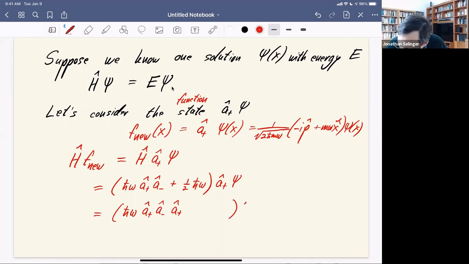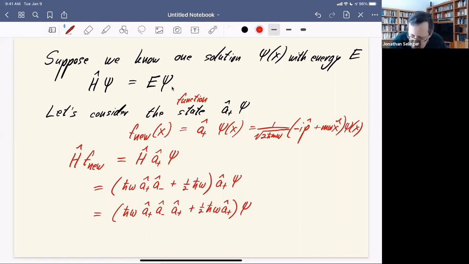I'll put the psi over here. The second term is plus a half h bar omega times a plus acting on psi. So you can see the sequence of things, that this is all equal to what we started with.